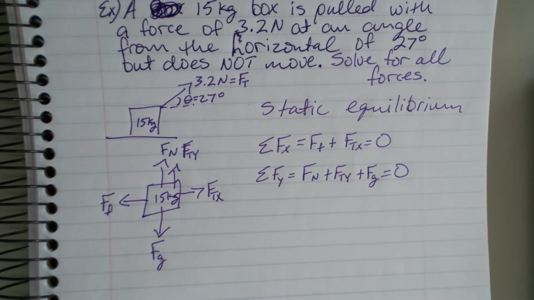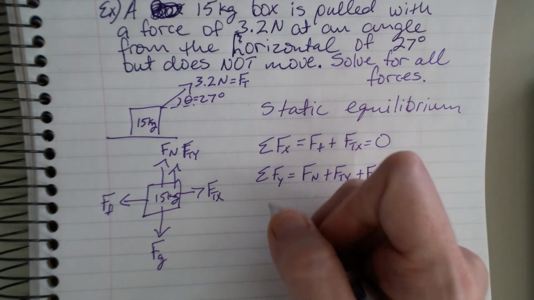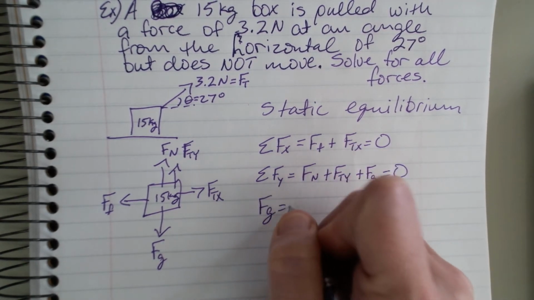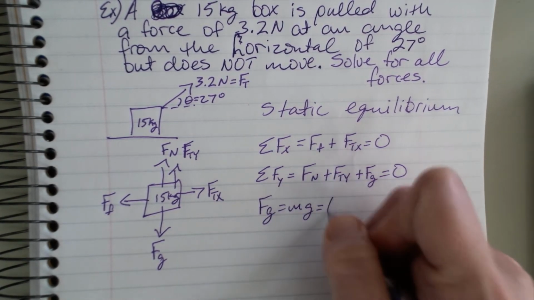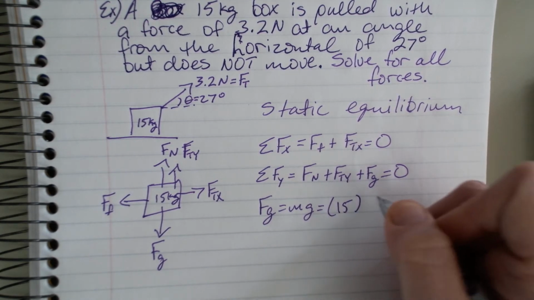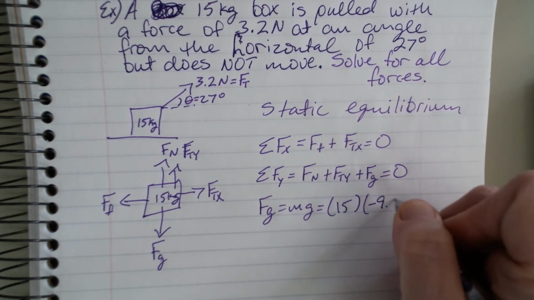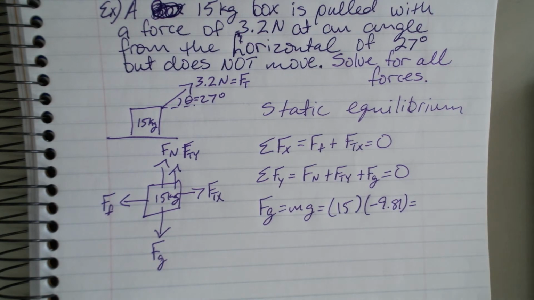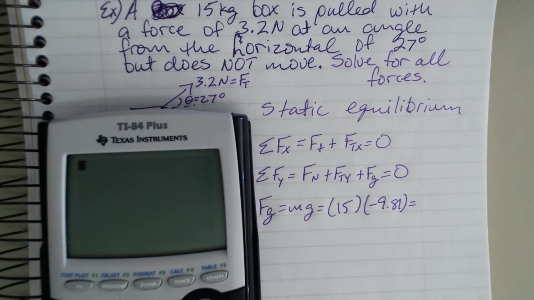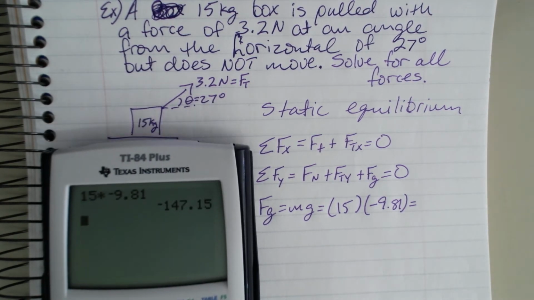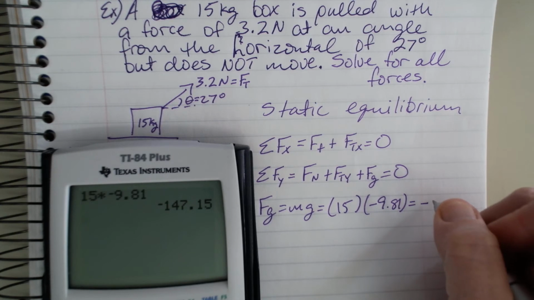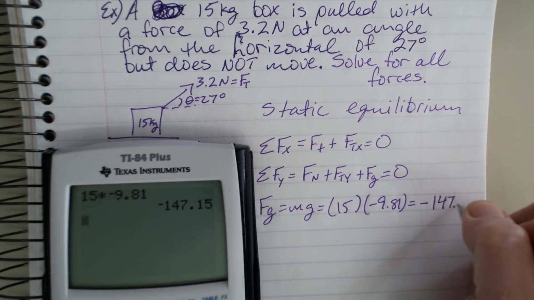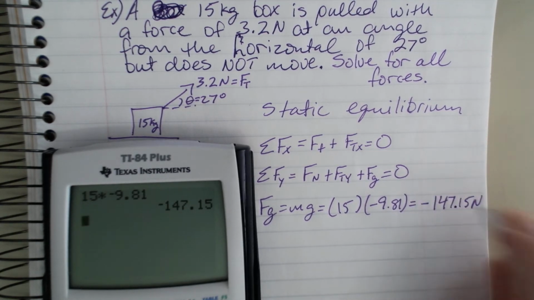Okay, the next thing I would need to find out, I can find out my Fg, so that's easy, right? Because Fg equals mg. M is 15 kilograms, g is negative 9.81. So that would be negative 147.15 newtons. So that's my Fg.